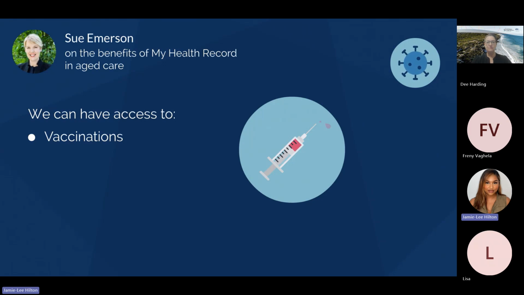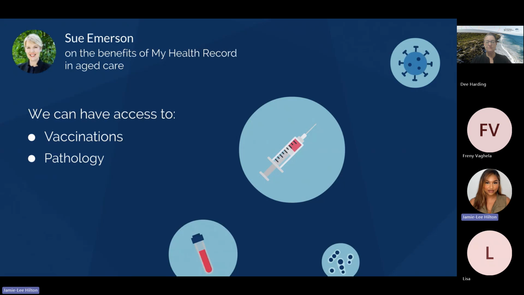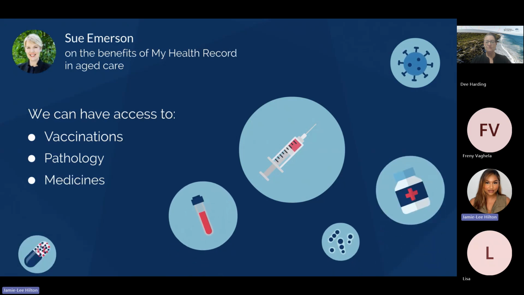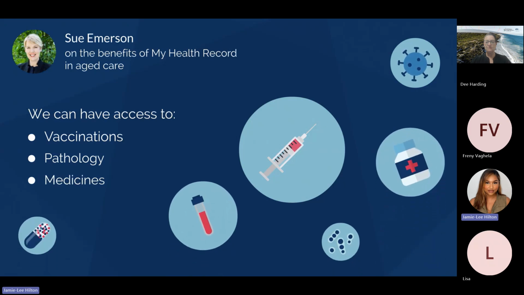So, having that sort of immunisation record, having access to pathology, and having access not just to a list of medications that have been ordered, but to actually be able to see those that have been dispensed. It doesn't tell us if the medication has been taken, but it's another part of the picture that we can see that medication that was ordered has been dispensed, and then we can speak to the person themselves about whether they've taken it and how they're finding their medication.